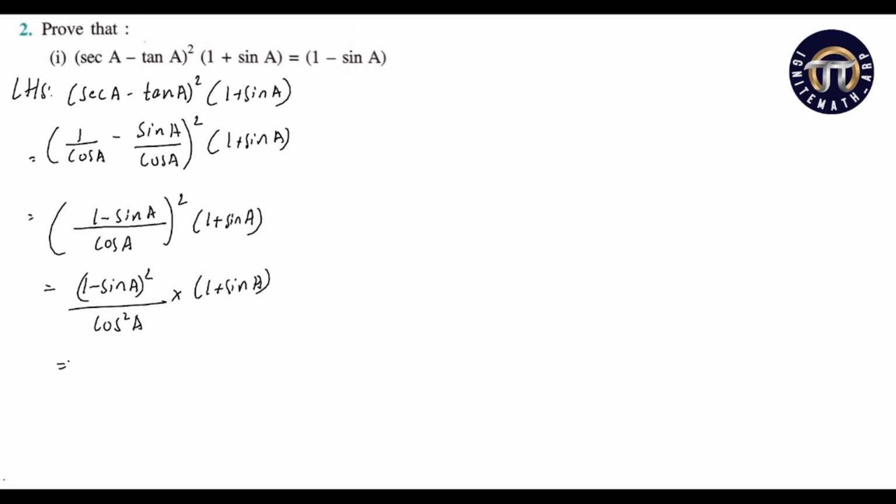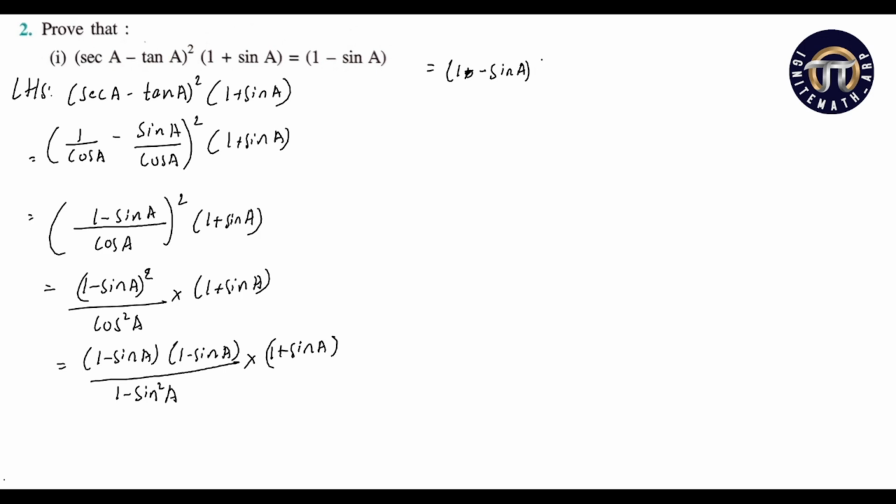So here I know that it is twice written. So what I do here, (1 minus sin a) into (1 minus sin a) divided by, cos square a can be written as (1 minus sin square a), into (1 plus sin a), which is outside the bracket. So now the numerator is kept as it is, that is, (1 minus sin a) into (1 minus sin a).